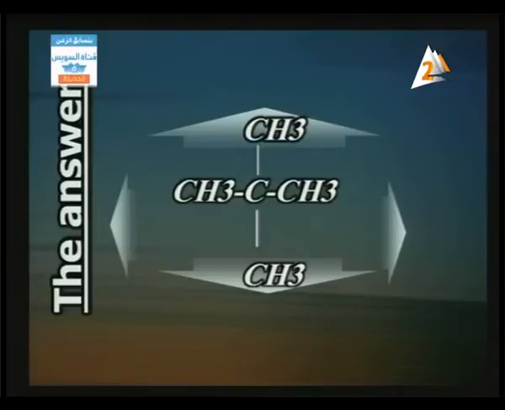This carbon is found in the center, and we have 4 radicals here. These radicals are CH3, or methyl groups. So the answer is C in the center with 4 bonds, and each one of these bonds replaces a hydrogen atom.